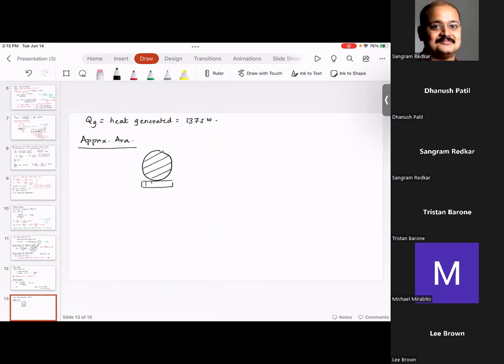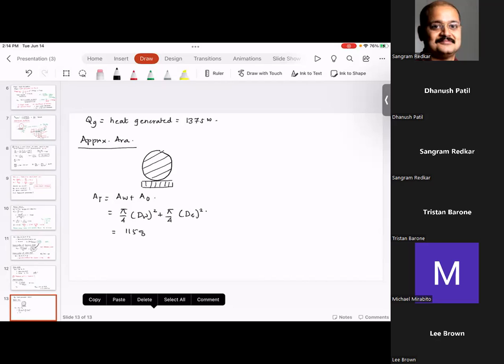You can have total area, A total, equal to A worm plus A wheel, and I'm going to give you the expression: pi by 4 dw squared plus pi by 4 dg squared, and that comes to around 115,827 millimeter square. Sorry, this comes to about 120,000.